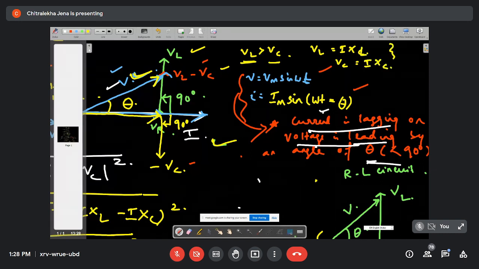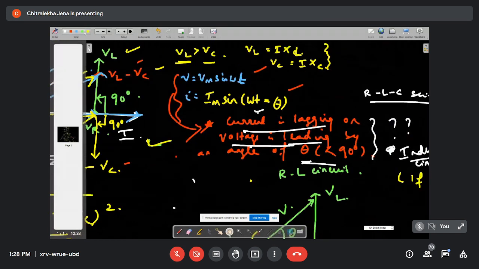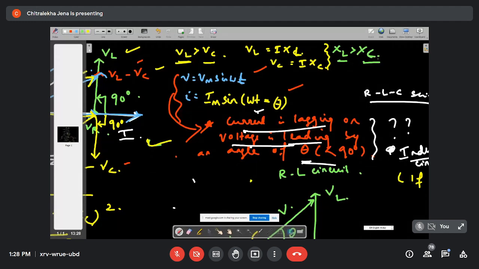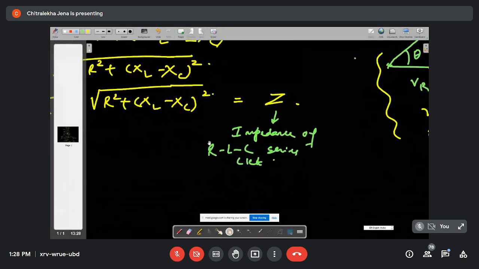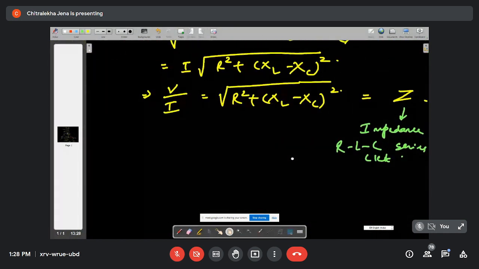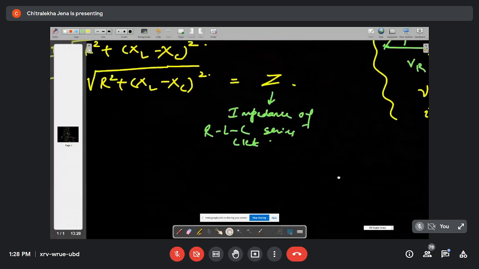From these two, what are you concluding? VL greater than VC implies XL is greater than XC. Because inductive reactance is higher than capacitive reactance, the circuit is behaving as inductive. Am I clear to all of you? Yes, ma'am. So this is where I left off.